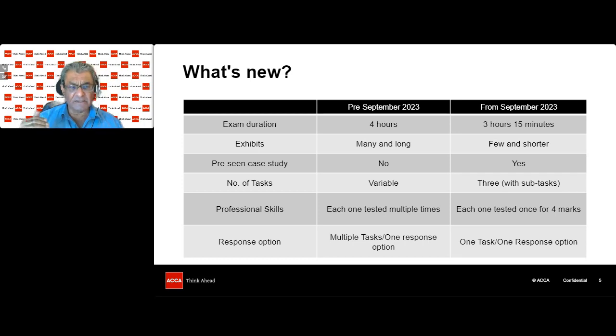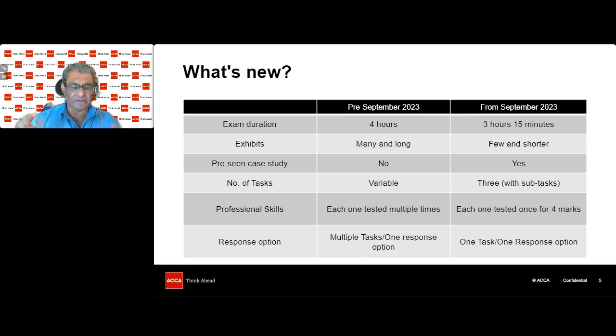Now, in every SBL examination, you have what are called exhibits. And these exhibits, as I've just explained, used to be lots of them. There are other sources of information, such as emails or board minutes or media articles. All of these might be included in the exhibits.